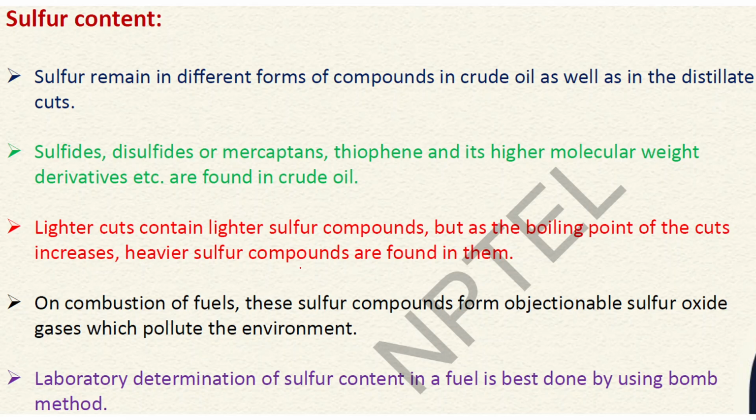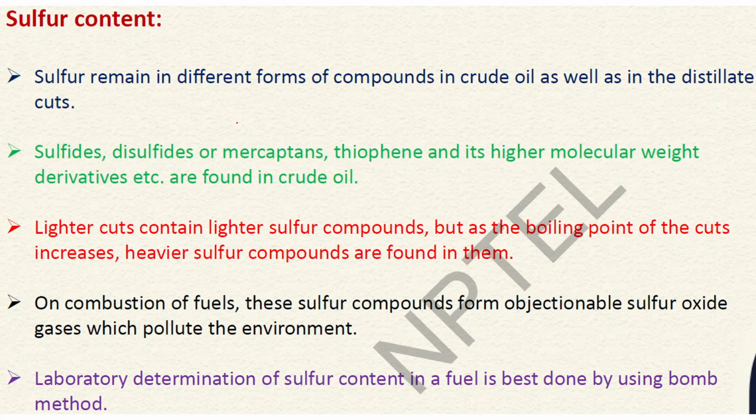Coming on to another property, which is the sulfur content. As I told you, sulfur remains in different forms of compounds in crude oils as well as in the distillate cuts.